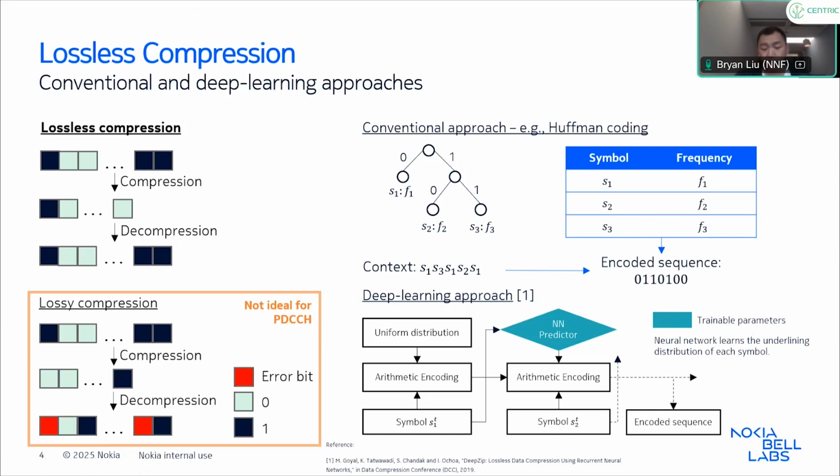You start from the very first symbol to be compressed, the neural network predictor estimates the probability distribution of that symbol, and the arithmetic encoding returns the encoded bits, and so on until the very last symbol. So the neural network serves as a probability distribution estimator. The more accurate the estimate, the shorter the length the DCI message can be compressed into.